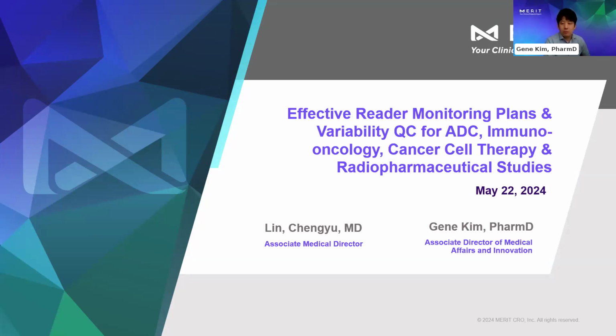Our focus today will be on the application of robust reader monitoring plans designed to minimize data variability in clinical trials employing imaging outcomes. Through these discussions, we aim to highlight best practices and practical insights that can help enhance the precision of imaging assessment, ultimately leading to more reliable and trustworthy trial results.